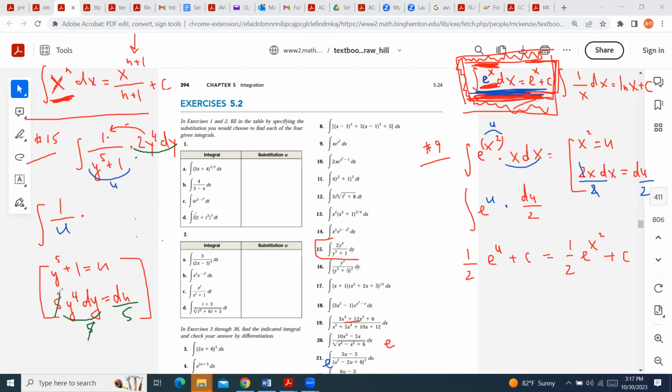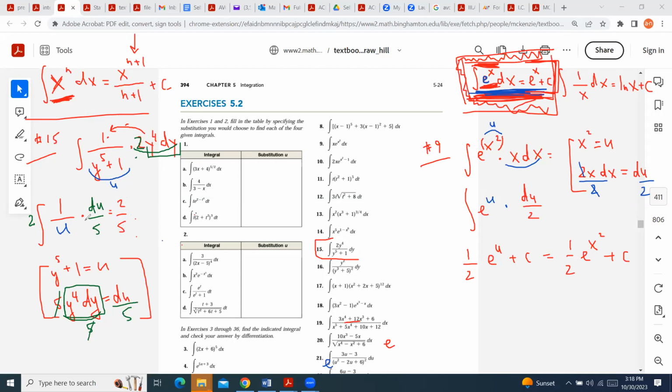In fact, what we're going to do with this 2, I can put it on the outside as a factor because it makes no difference, times 2, so 2 goes out. And then without the 2, y to the fourth dy is exactly replaced with du over 5. So 2/5 will be on the outside, 2/5.